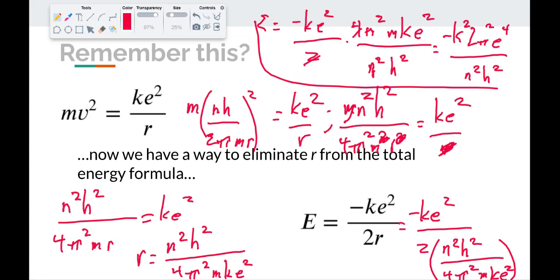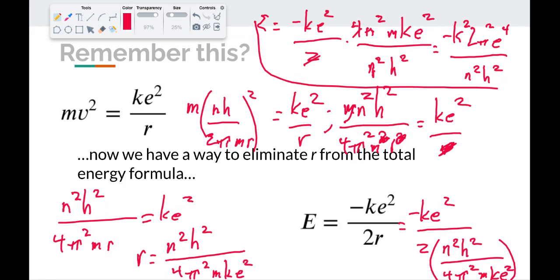So now we have energy in terms of all stuff that we know. We know k, we know 2, we know pi, we know e, we know Planck's constant. The only thing we don't know is n. And we do actually kind of know n because it's whole numbers. It's 1, 2, 3, 4, 5, 6, up to infinity.